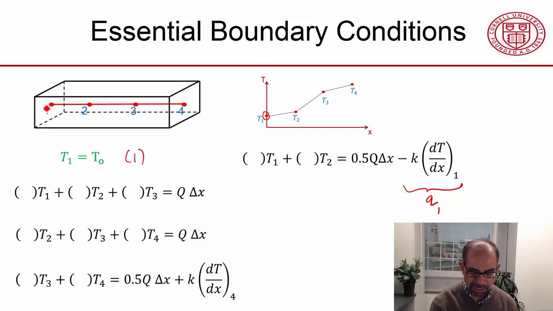So here, the solver would look at this node and say, hey, there's an essential boundary condition on that node, and that value of temperature has to be T0, and so you know that value. Now you come to these 3 equations. This is known, but this is unknown, this is unknown, this is unknown. So you have now these 3 nodal temperatures that are unknown, but you have 3 equations.